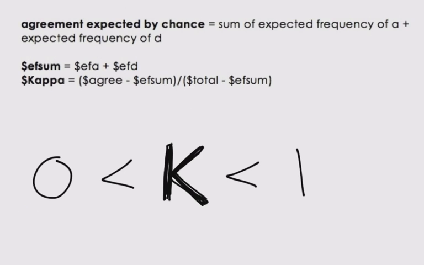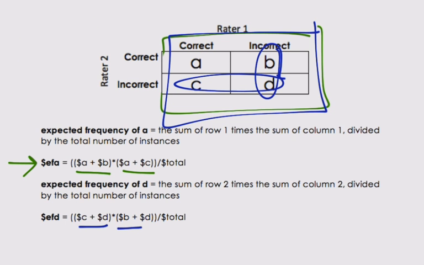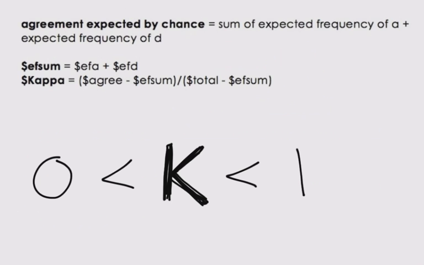So you're going to get the total agreement expected by chance. Remember that the formula for kappa, we need to know that, is just adding up the expected for A and the expected for D if we only purely guessed. So just by adding the two of them together, that's going to give us that agreement expected just by chance.